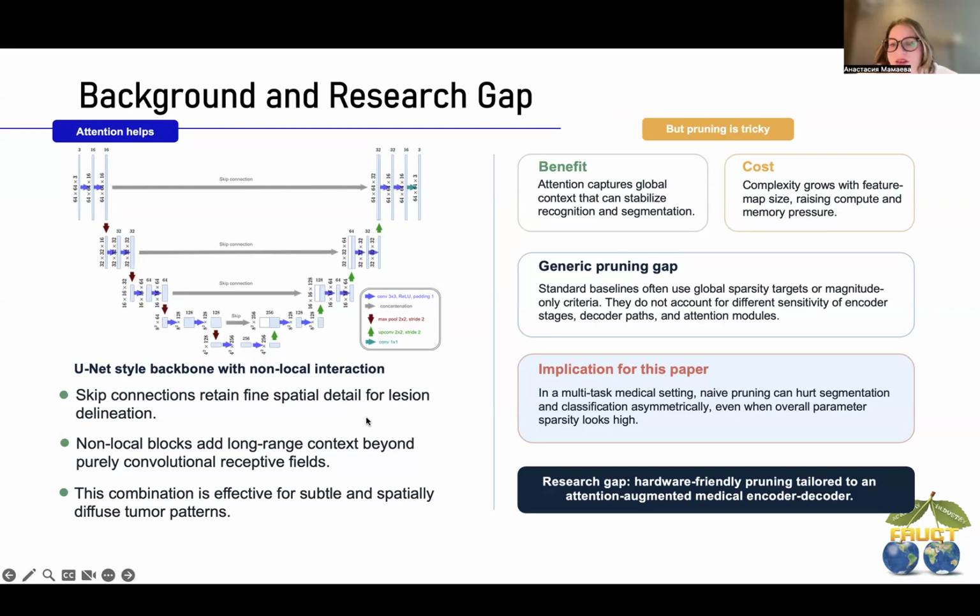However, these improvements also make the model heavier. Attention and non-local operations increase FLOPs, memory use, and latency. The main research gap is that standard pruning methods are usually made for more common model architectures. They don't always work well for attention-based encoder-decoder models, especially in multitask medical settings.